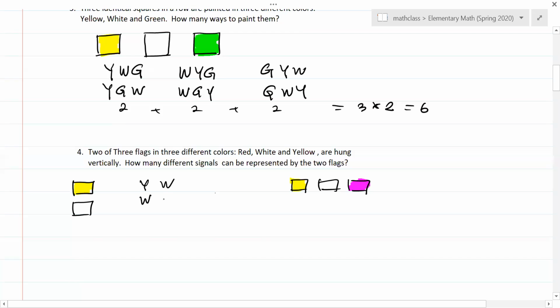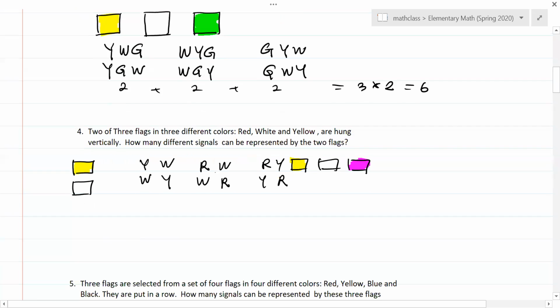Then white, yellow. That's the first step. If you delete the yellow, then you have a red, white, white, red. If you delete the white, you have a red, yellow, yellow, red. Okay, so that's why you have a total of 6.